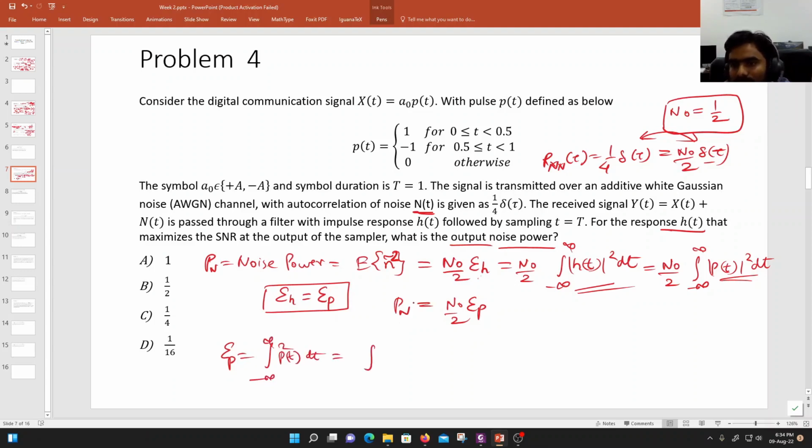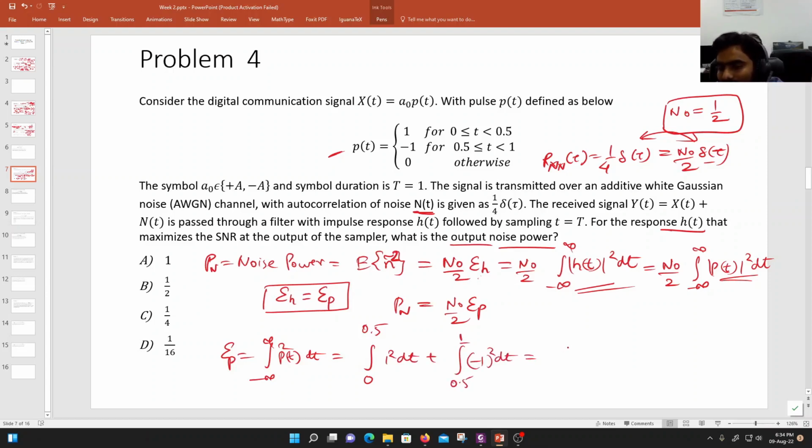So from this equation, it would be the integral from 0 to 0.5 of 1 square dt plus the integral from 0.5 to 1 of minus 1 square dt.